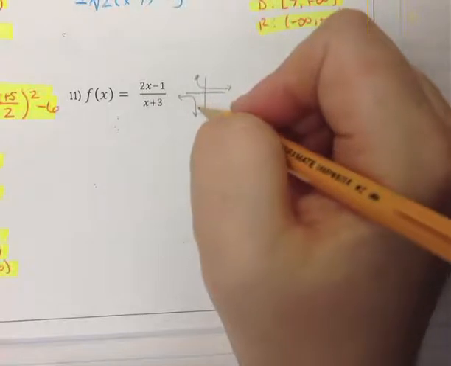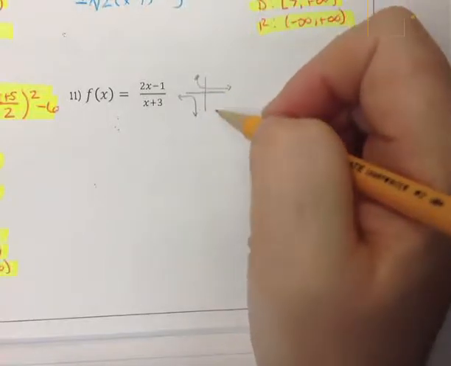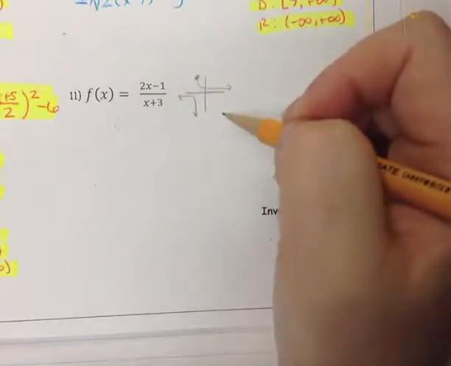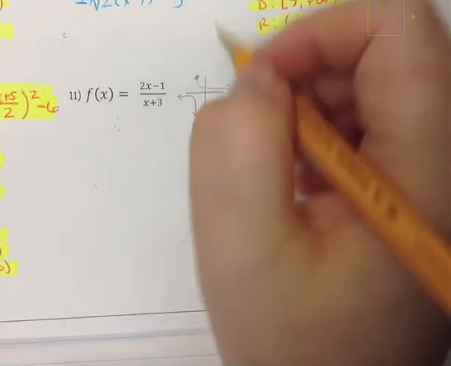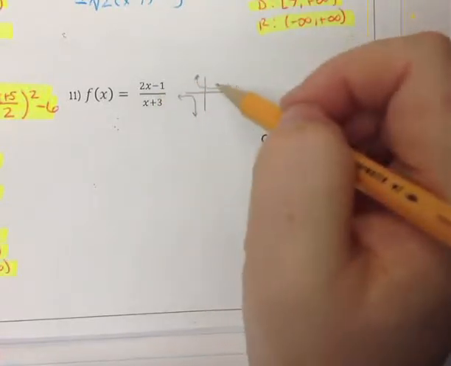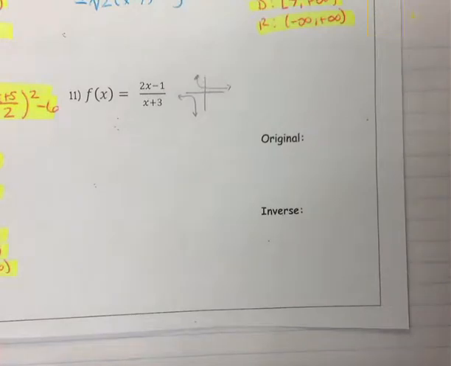So this is a general sketch of what this could look like. The thing is that this is not going to be 100% accurate. I was just drawing a basic sketch of this. So what I actually want to do is graph this in my calculator to see which direction it's going in.